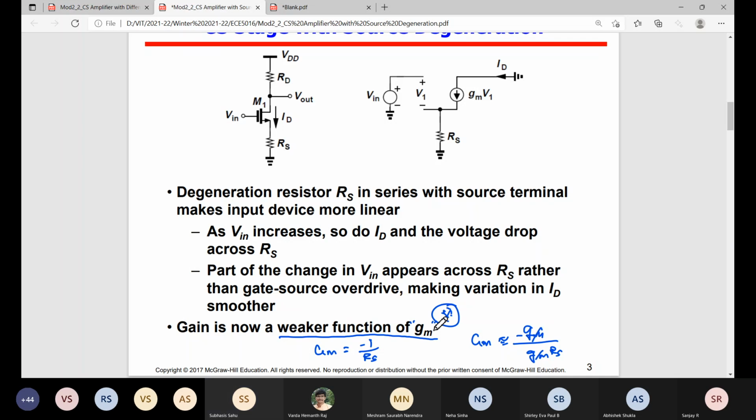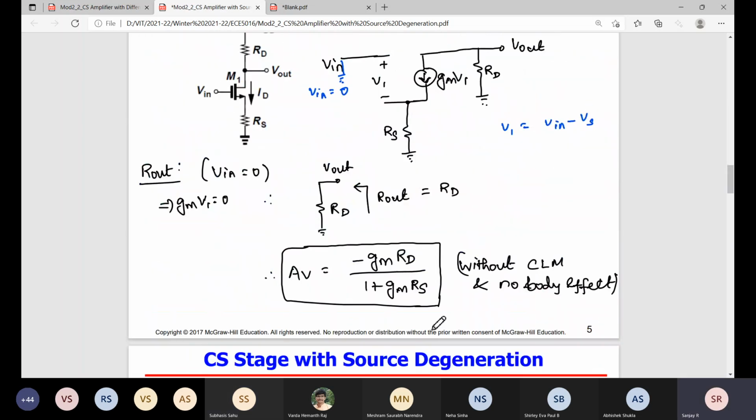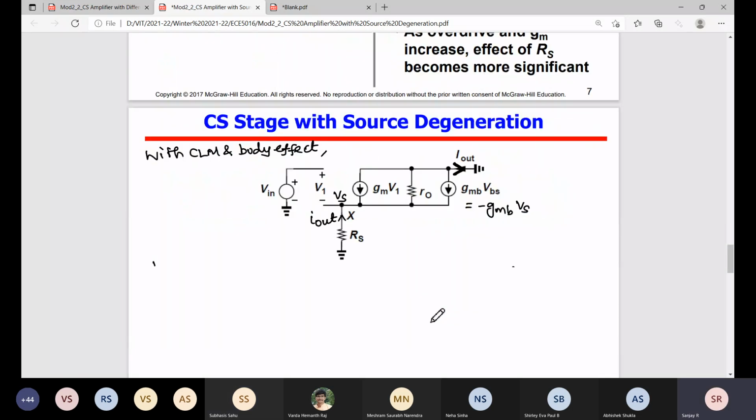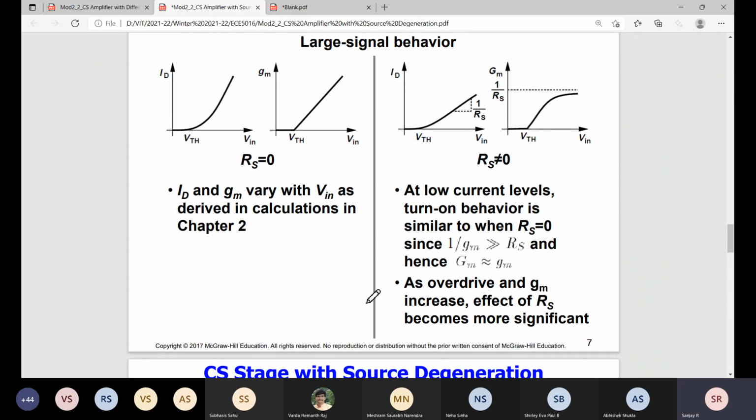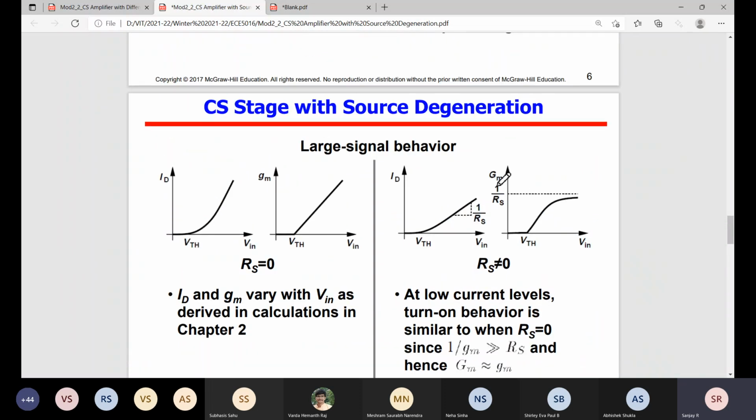Yes, sir. Good. Okay, so that's all. The next thing, with the body effect and channel length modulation, I'll discuss next class. It will take some time. One thing you want to understand in source degeneration is that Gm becomes 1 by Rs, so gain is almost linear. What is Gm? It is dID divided by dVin.